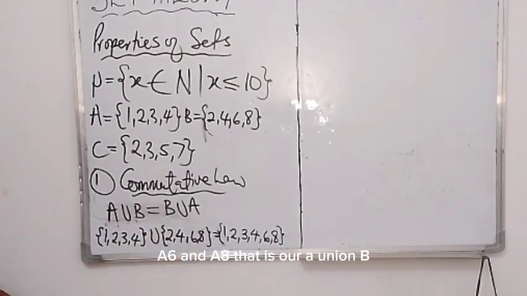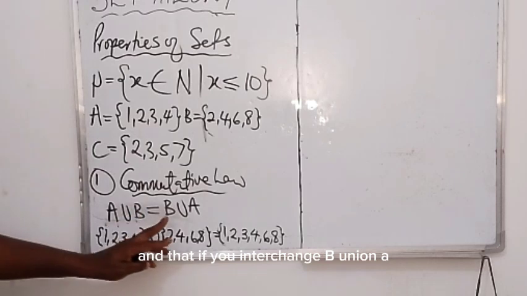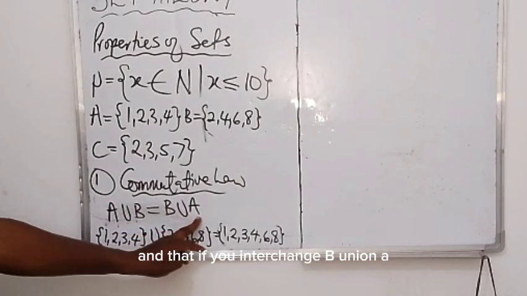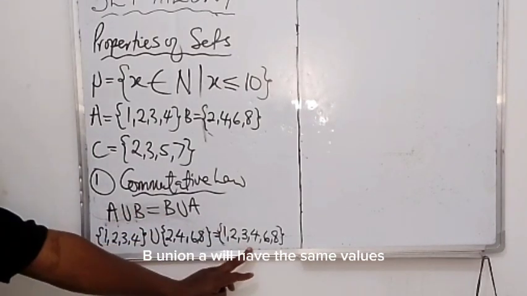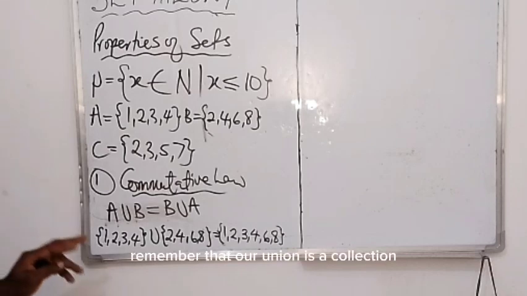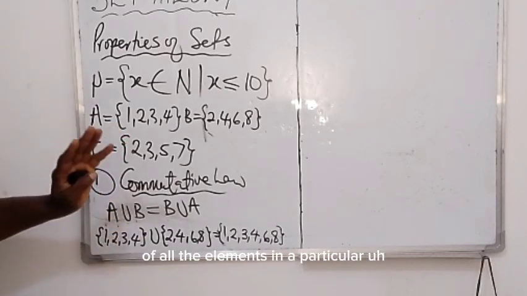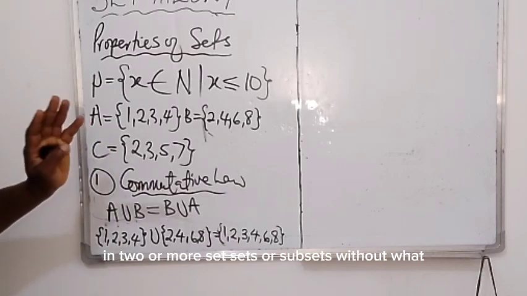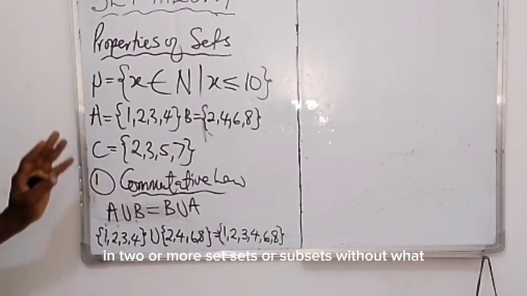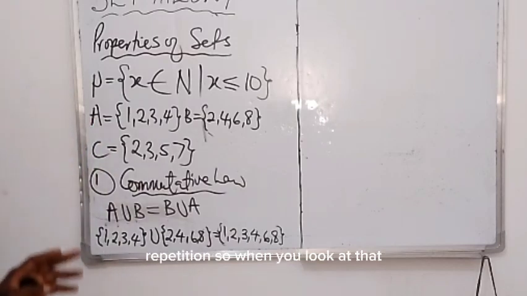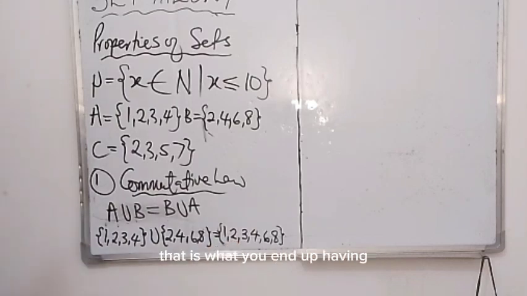That is our A union B. And if you interchange to B union A, it will have the same values. Remember that union is a collection of all the elements in two or more sets without repetition. So that is what you end up having.